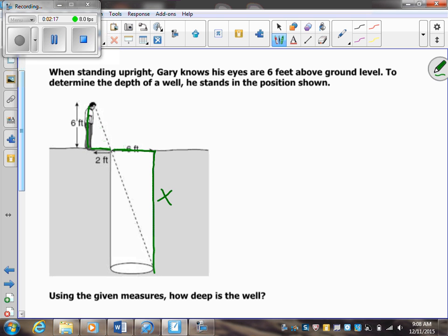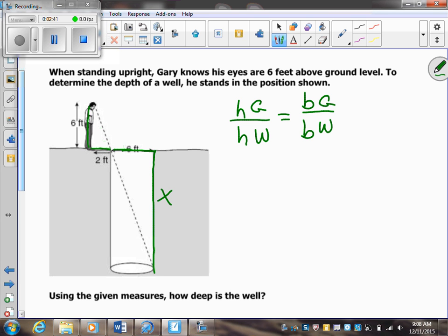You can set up the ratio different ways. One way would be the height of Gary, so I can say HG and H well, the height of the well, over the base of Gary over the base of the well. That's another way I can do it.